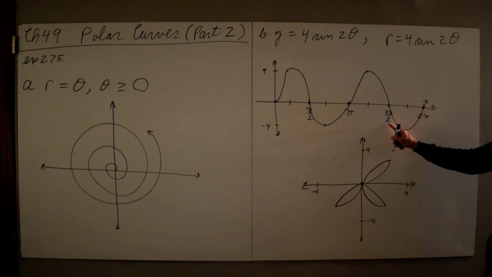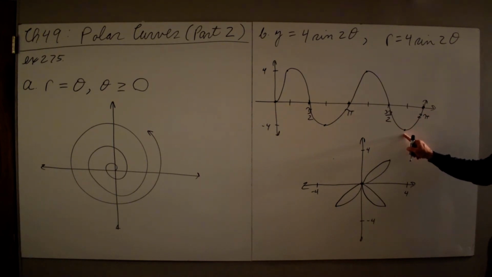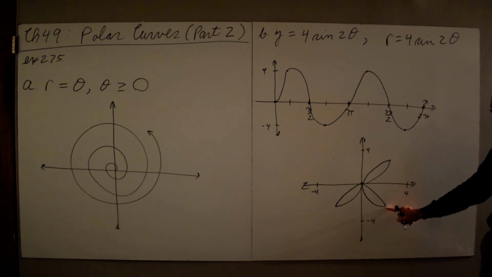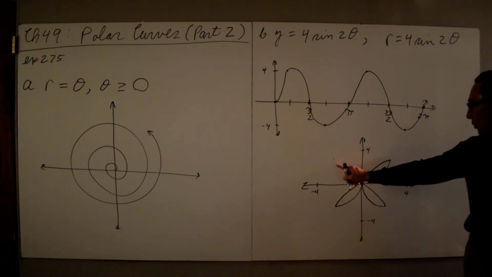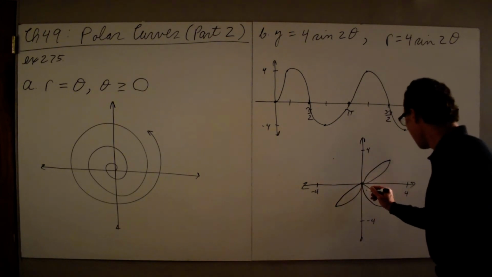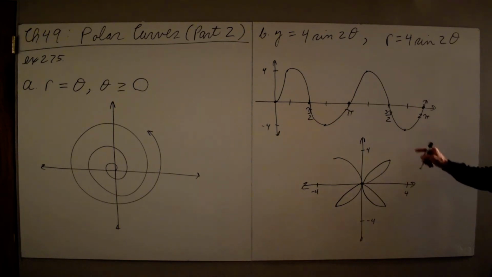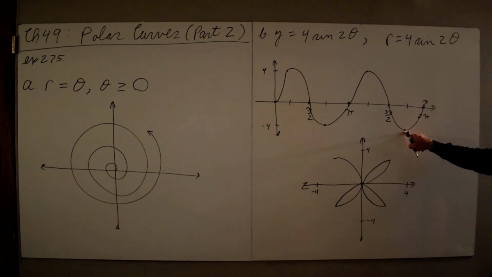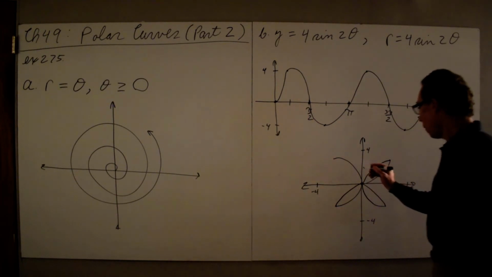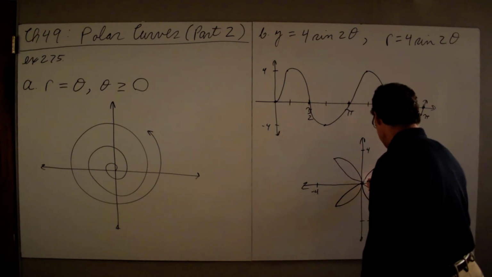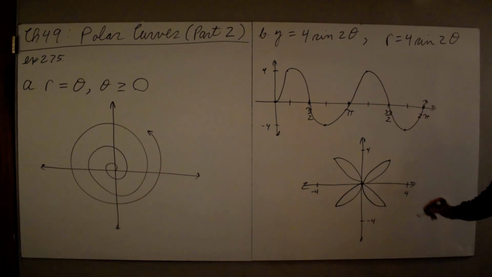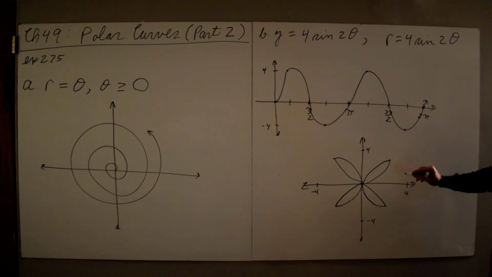As theta goes from 3 pi over 2 to 7 pi over 4, r goes from 0 to negative 4. This is the point negative 4, 7 pi over 4. And then as theta goes from 7 pi over 4 to 2 pi, r increases back to 0. And so we have a 4-leaf rose.